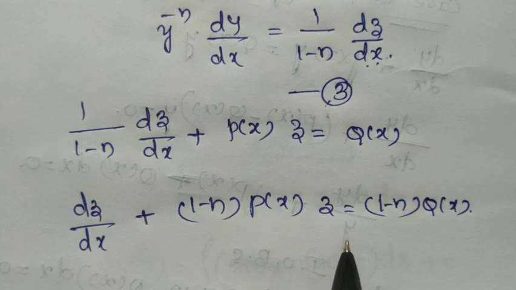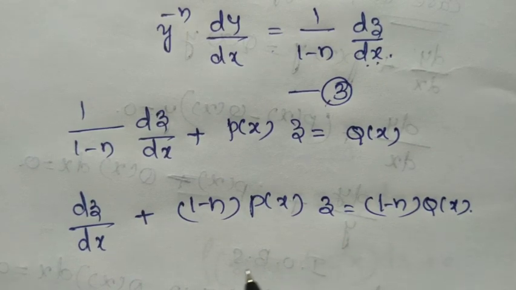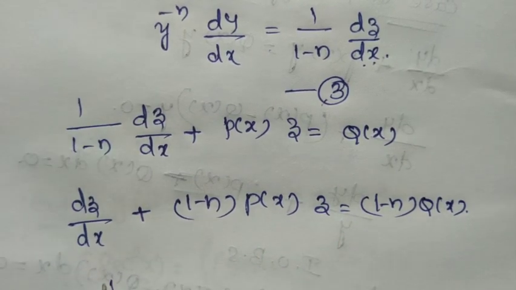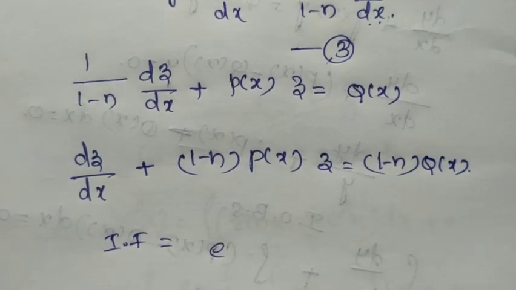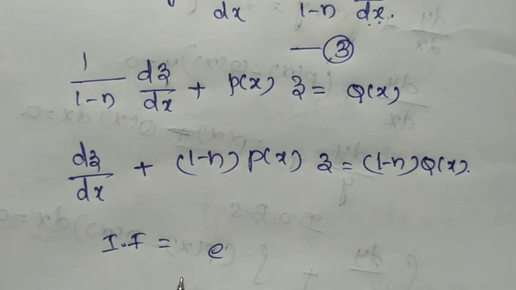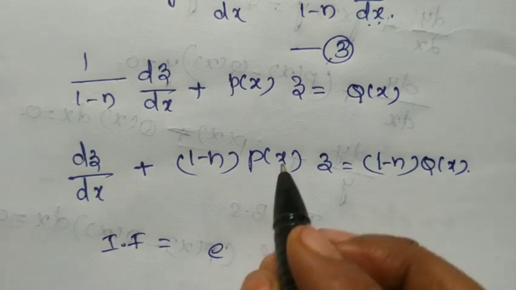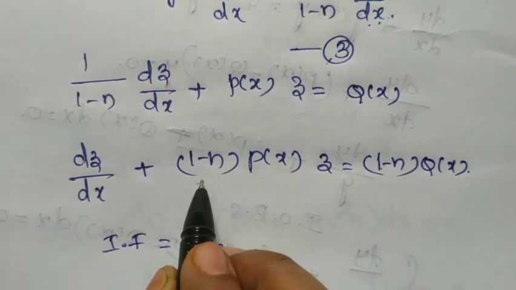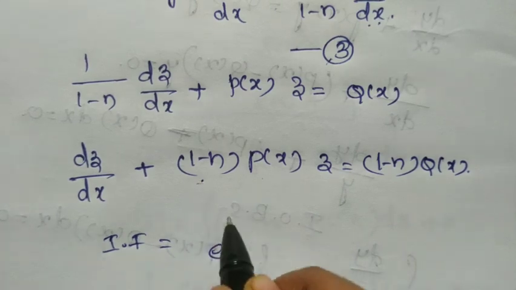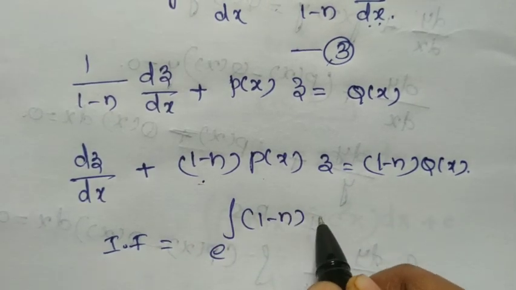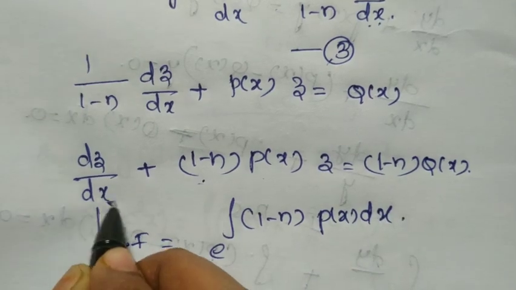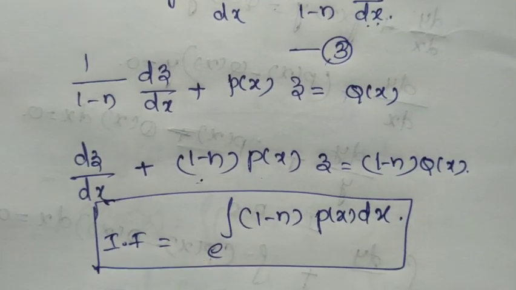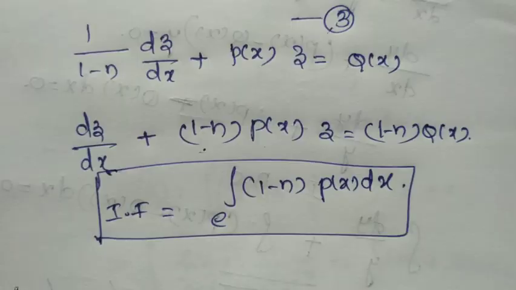This is in the form of a linear differential equation. The integrating factor is e^∫P dx, where here P is (1-n)P(x), so the integrating factor is e^∫(1-n)P(x)dx. This is the integrating factor of case 2 of Bernoulli's differential equation.